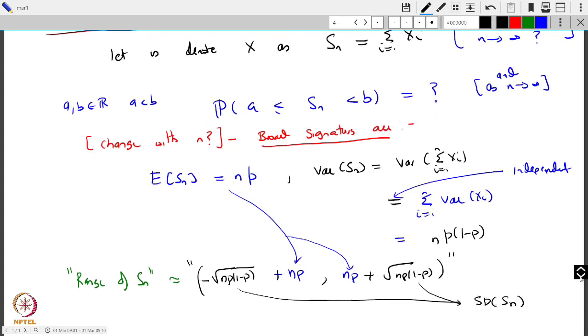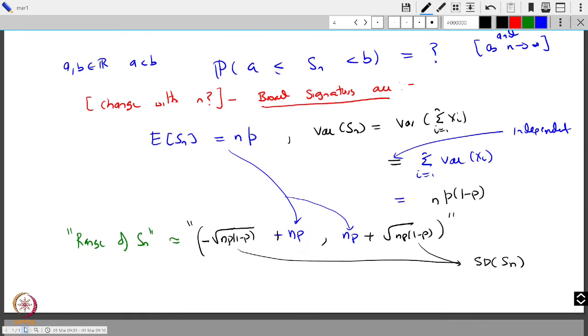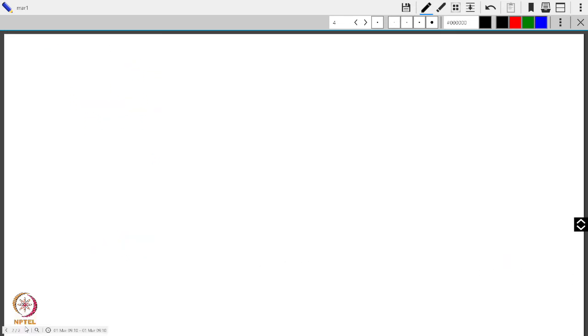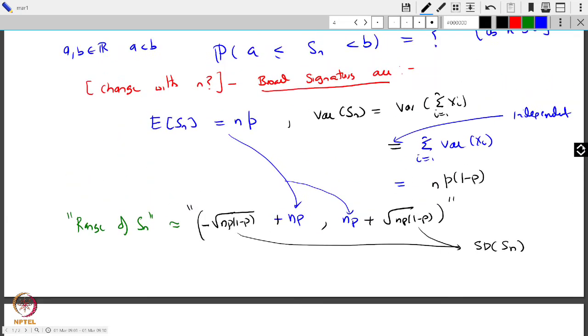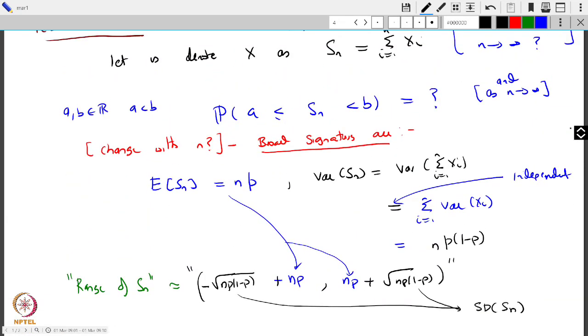So now let's try and see this other idea. Sn is always going to be around np. So if A and B are fixed numbers, your Sn is going to cross them in some sense. If you want to find a meaningful answer to this question, you have to keep moving your A's and B's with respect to n, because Sn is going to keep moving around np as it keeps going.